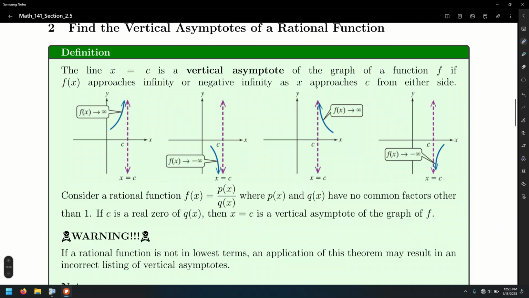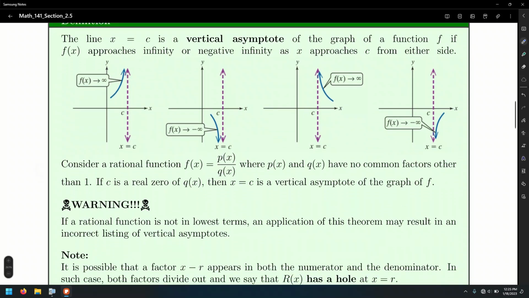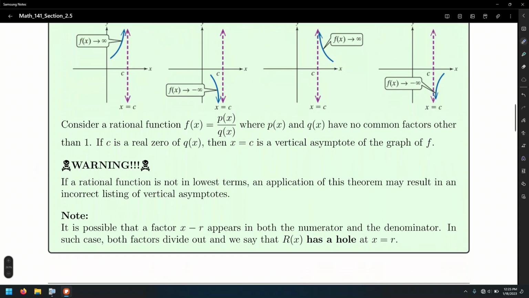And from the right, the same story, we can either go to positive infinity or to negative infinity, right? And in the end, those are values that the function will never touch. All right?